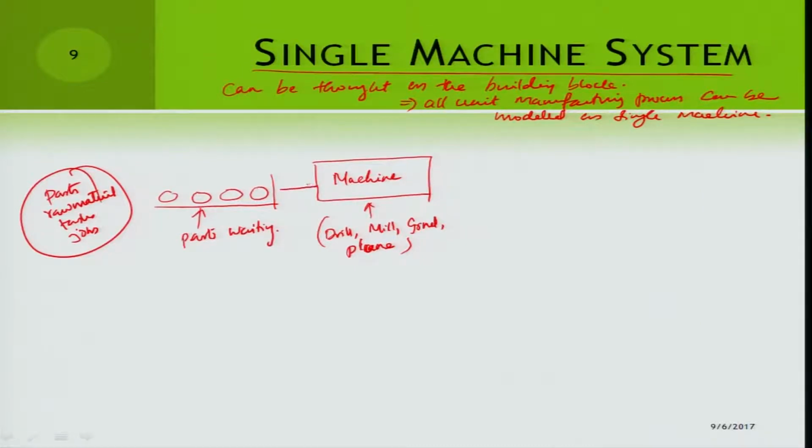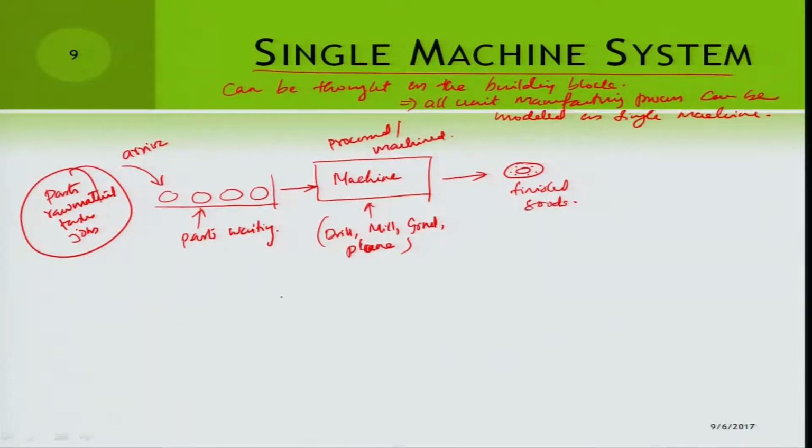Then when the machine is free, the part gets processed, and the finished good moves out of the machine. So the major aspects are: the parts arrive, they wait in a queue, then they get processed or machined, and then they leave.